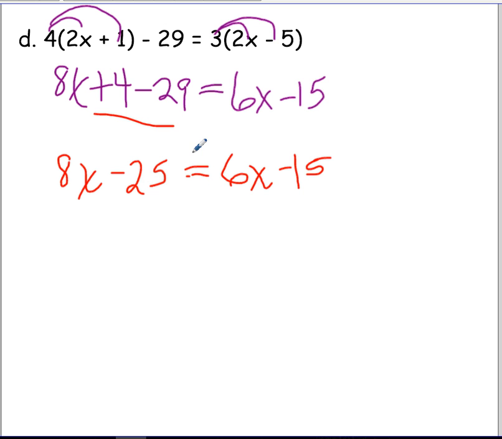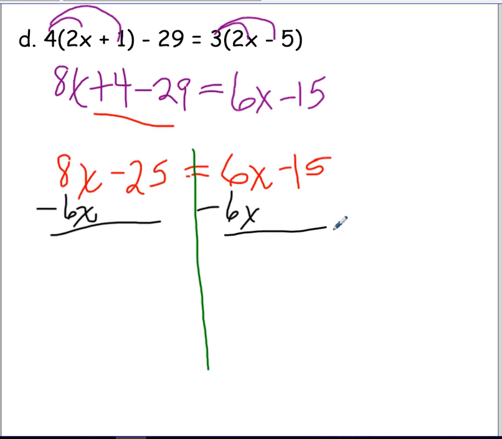So now that everything's as simplified as we can get it, let's go ahead and shuffle things around. Let's move our x's to the left. And so we'll subtract 6x from both sides. And that'll zero out there.